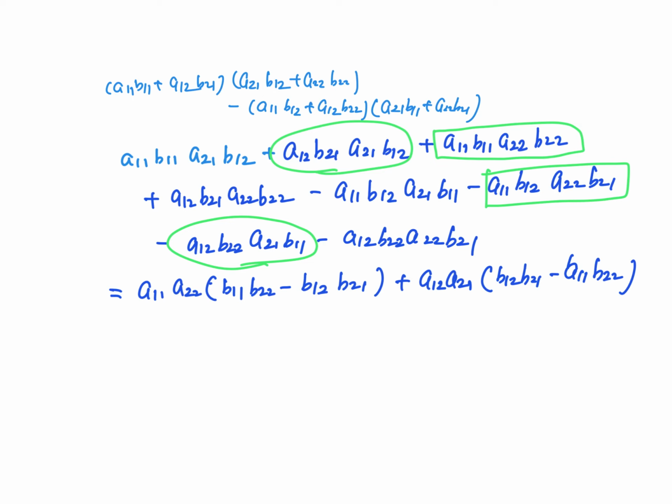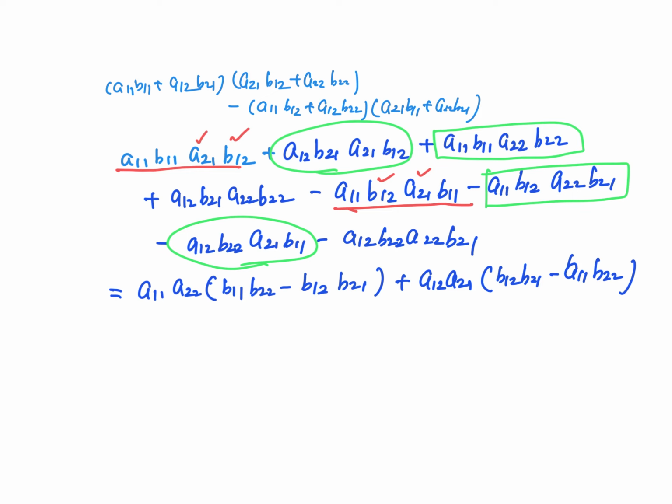The other components, let's check. A11, P11. This one, A11, P11, A11, P11. We have A21, A21, P12, right?